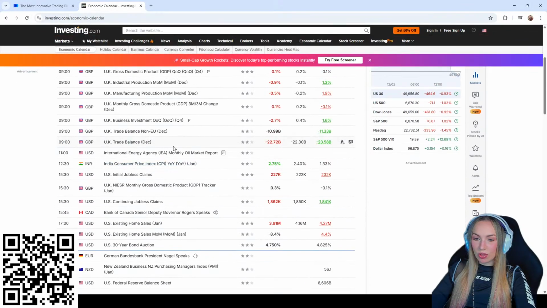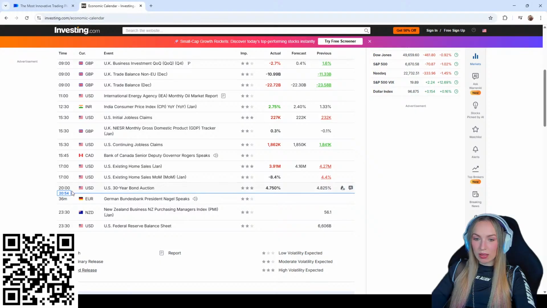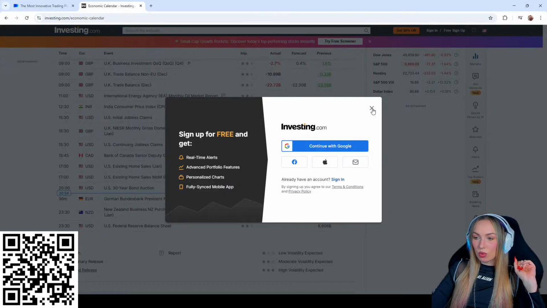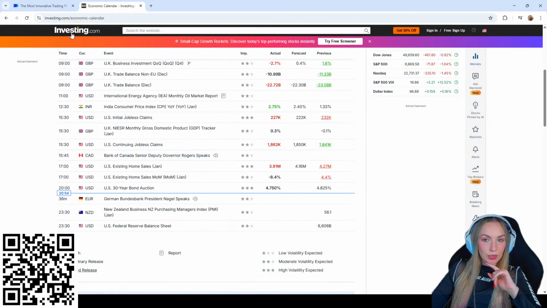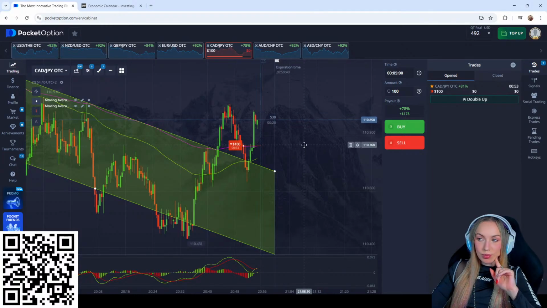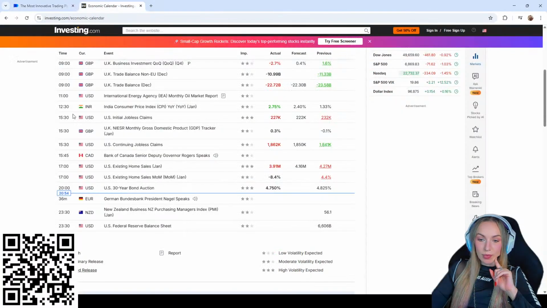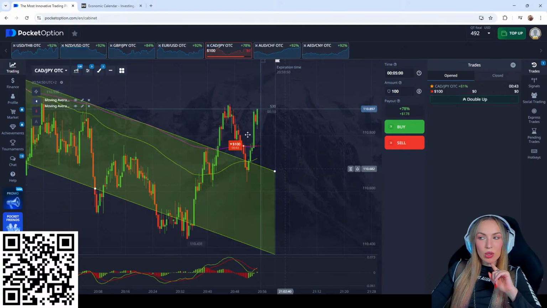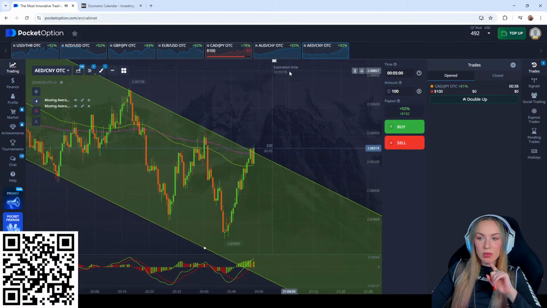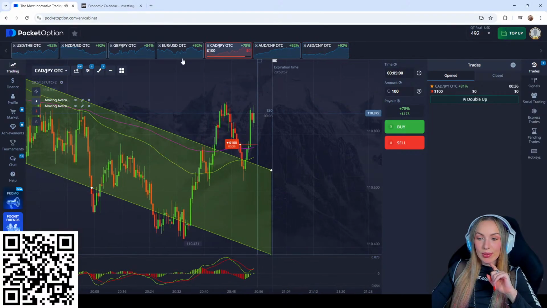Economic calendar, and we can see that in 36 minutes there will be the news about the euro, so we need to be careful with the euro. German Bundesbank President Nagel speaks. Although weird, I think in Germany it's already kinda late working hours.